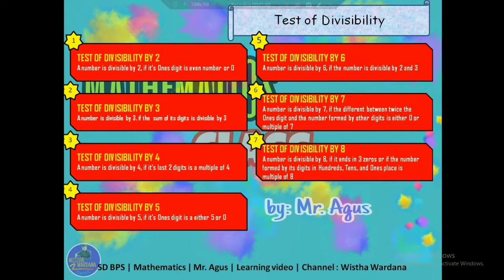A number is divisible by 8 if it ends in 3 zeros or if the number formed by its digits in the hundreds, tens, and ones place is a multiple of 8. Or in other words, if the last 3 digits are 0 or a multiple of 8, the number given is divisible by 8.